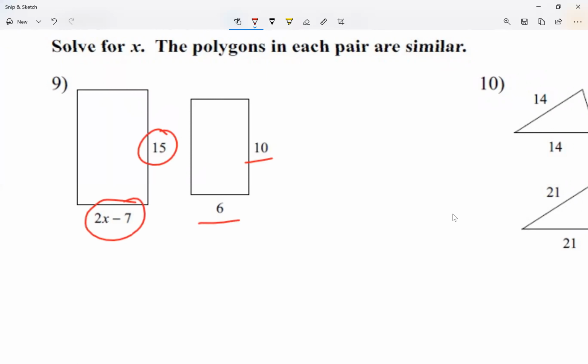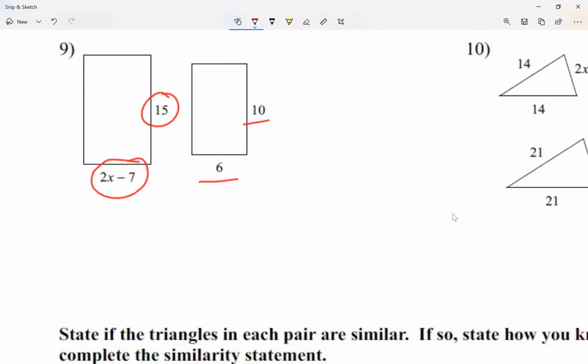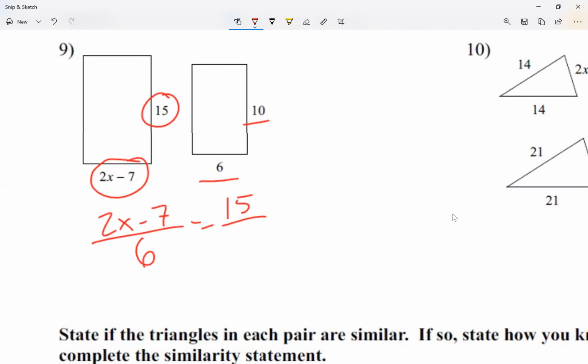I only need 2 measurements per figure. Okay, so I'm going to write 2X minus 7 and 15. Now, because 2X minus 7 is corresponding with 6, I'll put it there. 15 is corresponding to 10, I'll put it there. Now we've got to cross multiply it.